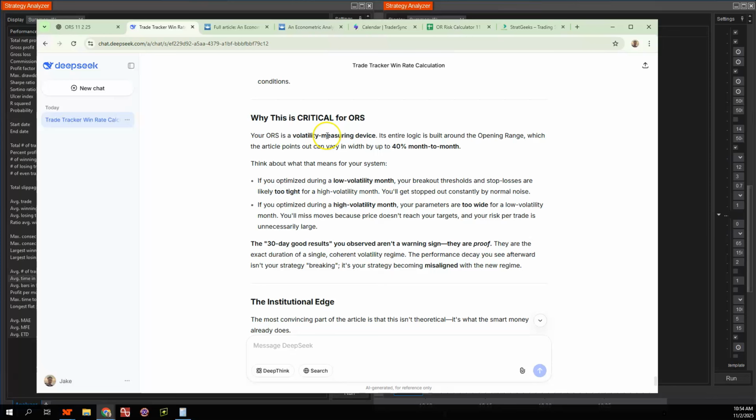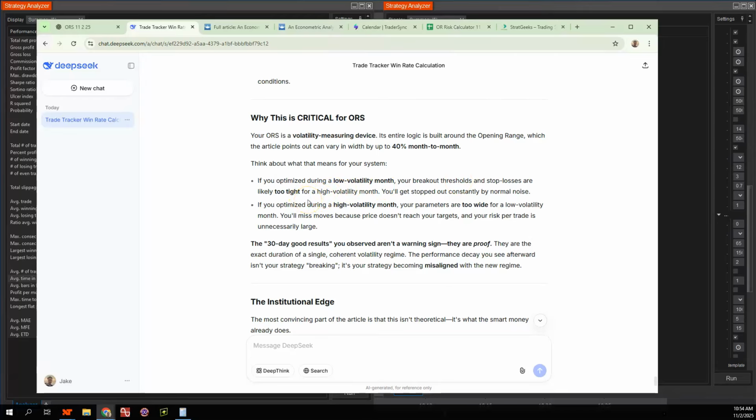ORS is a volatility measuring device. It absolutely is. Its entire logic is built around the opening range, which this article points out can vary in width by up to 40% month to month. Think about what that means for your system. If you optimize during a low volatility month, your breakout thresholds, and we don't use breakouts, but we can just say thresholds, your thresholds, targets, and stop losses are likely too tight for a high volatility month.